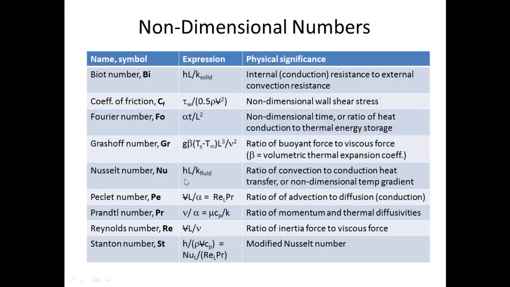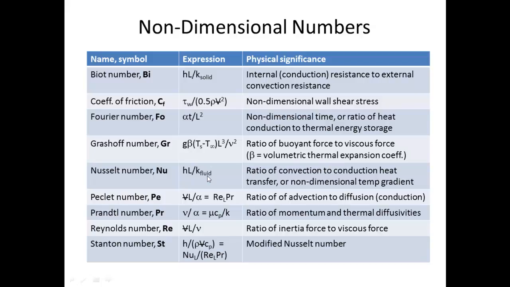The Nusselt number we have seen earlier, it is defined as hL by k of the fluid. It's the ratio of the convection heat flux to the conduction heat flux. It is also denoted as a non-dimensional temperature gradient, as we have seen just now. Another definition is that it's a non-dimensional heat transfer coefficient.